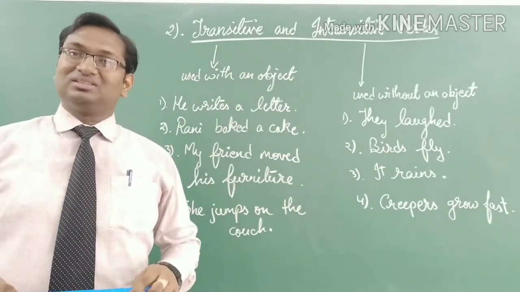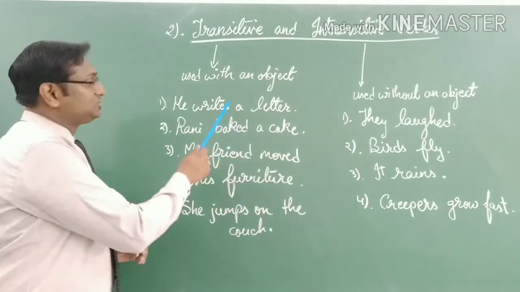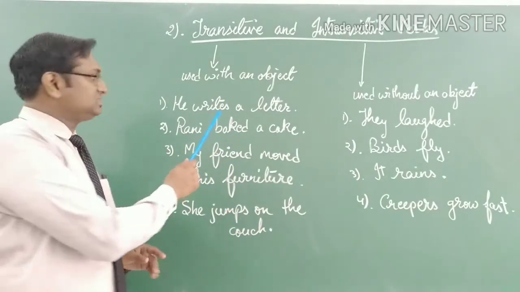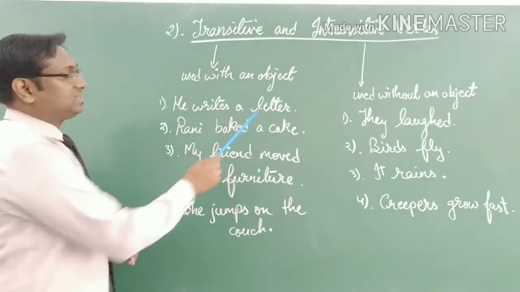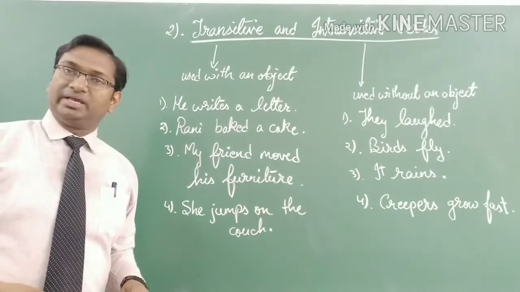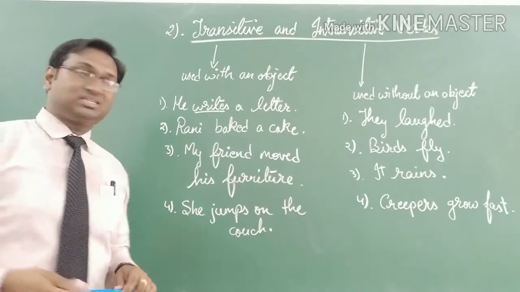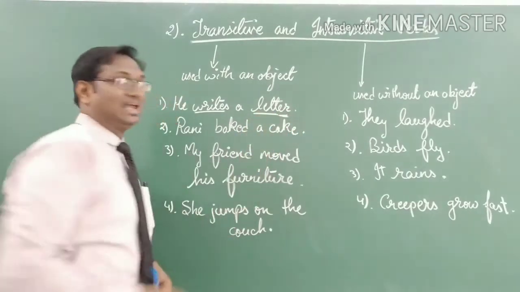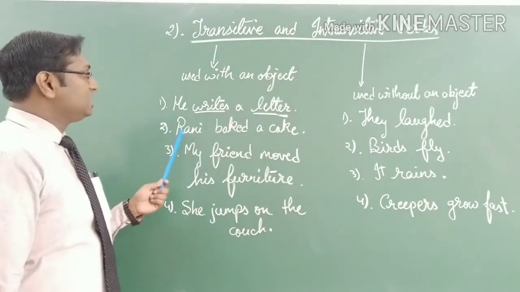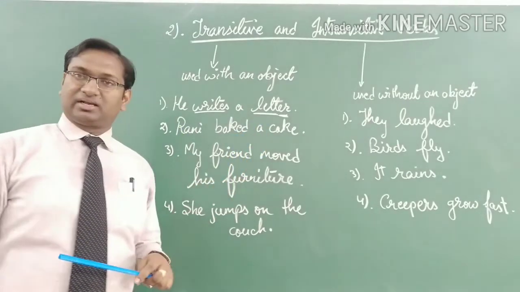Let's do the examples. Transitive verbs example first. He writes a letter. Now over here verb is writes and object is letter. Next, Rani baked a cake.